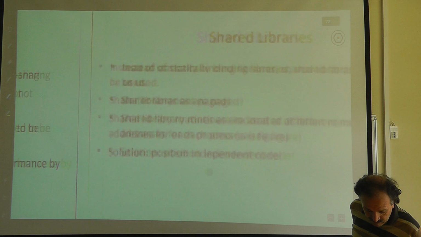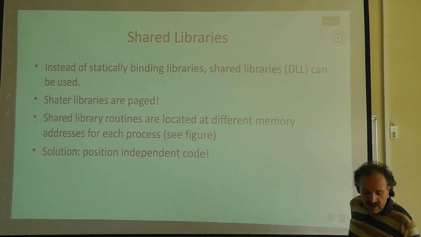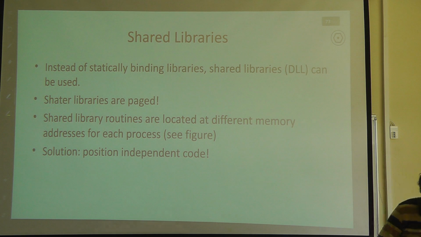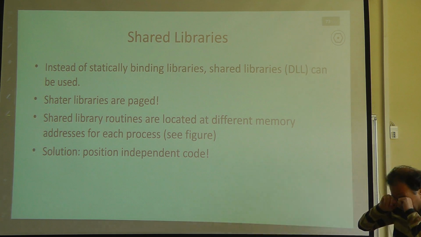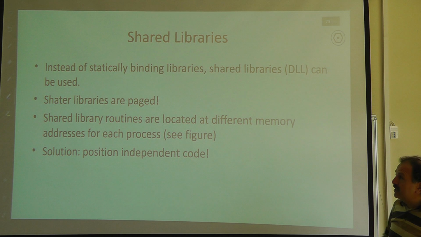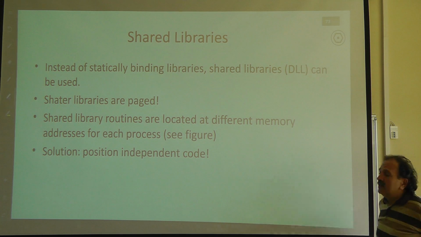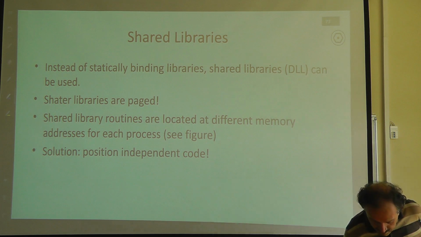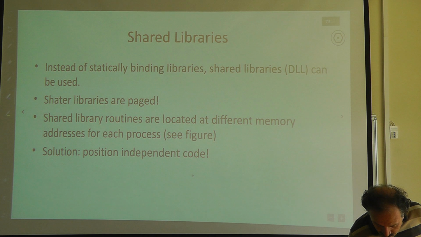Okay. Let's continue then. Something similar to shared pages, shared libraries. This is something we keep using all the time. Remember, in C or C++ applications, when I compile, when I say gcc -o myprobe.out, sometimes I add -lm.